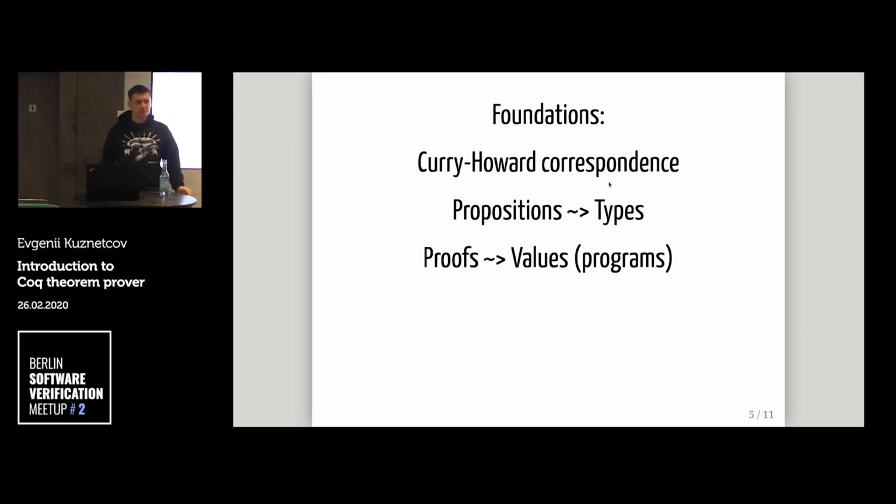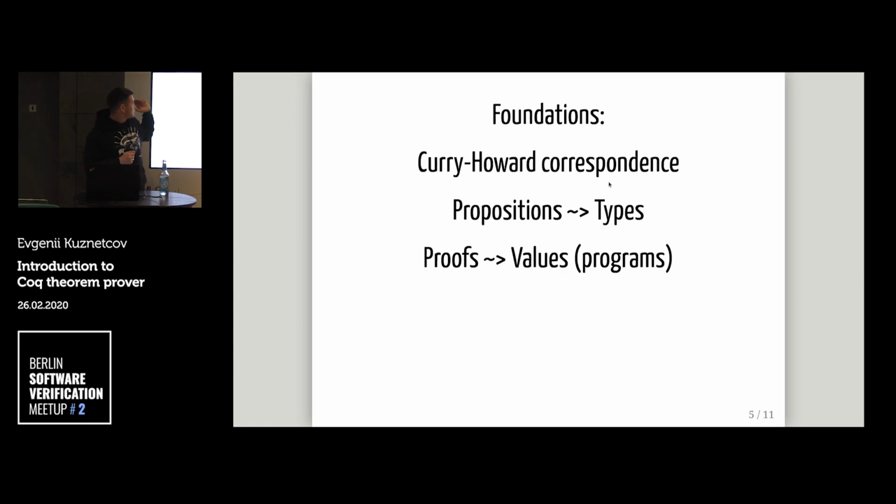Coq as a system is built on solid theoretical foundations. And the root of those foundations is the observation called the Curry-Howard correspondence. When you do math, you have a world of theorems and proofs of the theorems. And in the world of programming, you have types, in most cases, and you have values of those types.